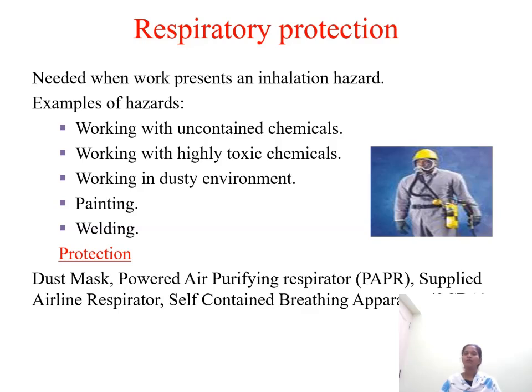The protective equipment includes dust mask, powered air purifying respirator, supplied air line respirator, and self-contained breathing apparatus. These respirators will be used when engineering controls are not feasible or not being implemented, and when exposure levels exceed the permissible exposure limit, a respirator will be suggested.